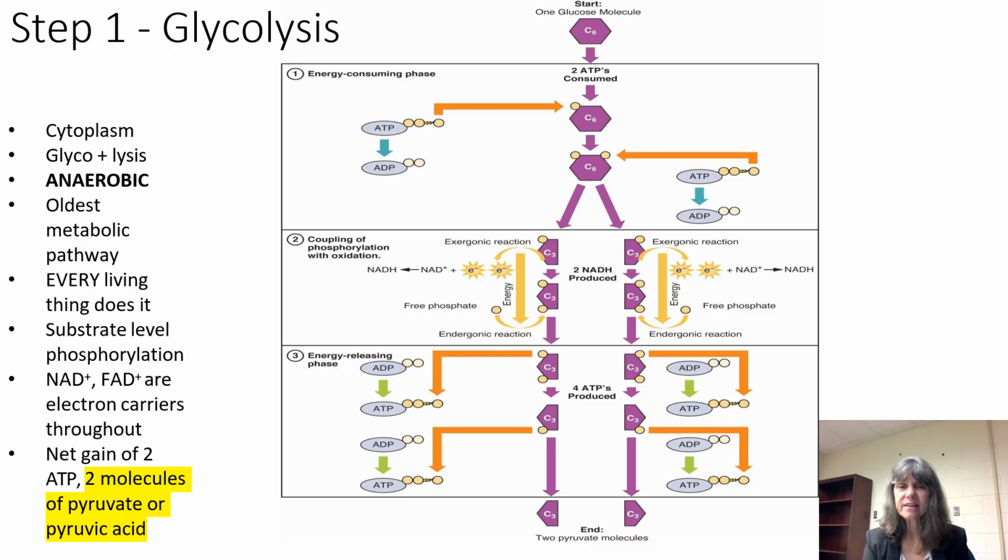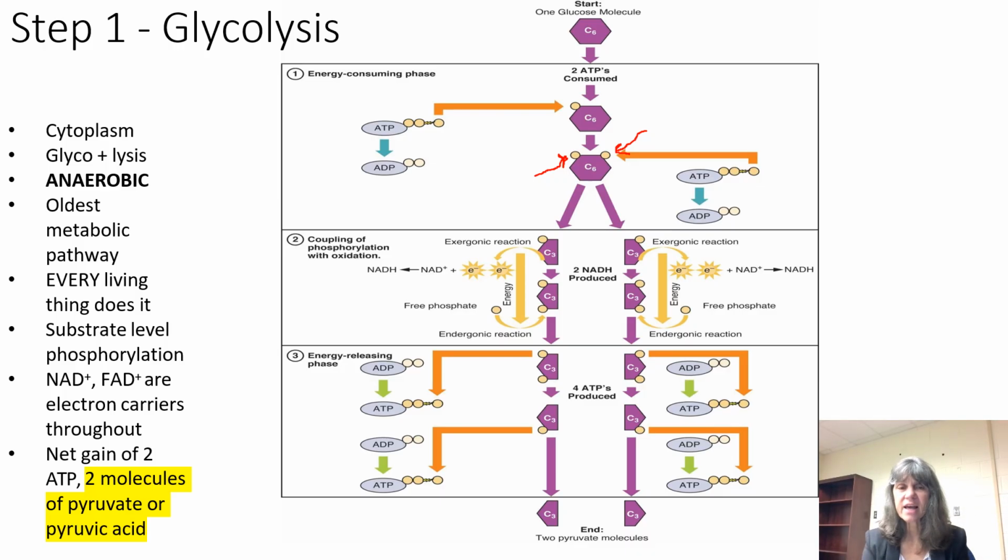You can see that right here. Here's one phosphate from the ATP over here, and then there's another phosphate group here. So we've got this molecule that is now phosphorylated, and that becomes glucose 6-phosphate.